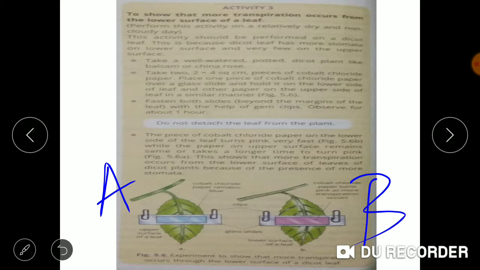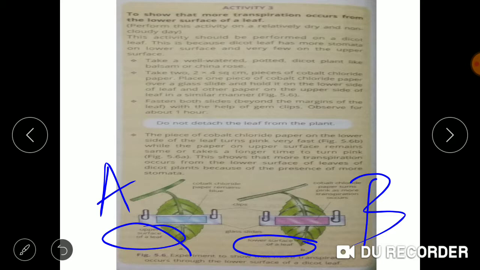Now we will attach the cobalt chloride paper with the help of a slide and the paper clip to the upper surface of the leaf in setup A, while to the lower surface of the leaf in setup B, and leave it for some period of time.